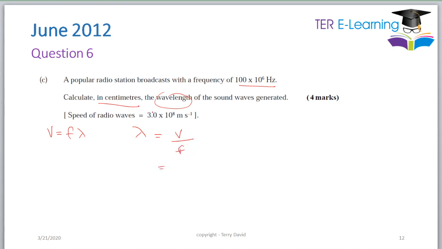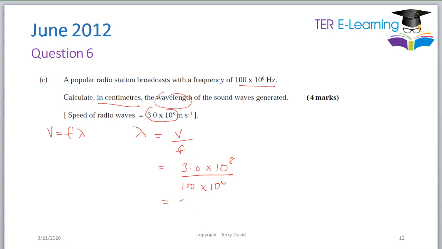The speed of an electromagnetic wave is 3 by 10 to the 8 meters per second. So it's 3.0 by 10 to the 8 meters per second over my frequency. My frequency, when I'm using the formula, has to be in hertz. So it's 100 multiplied by 10 to the 6. Let's work that out: 3 by 10 to the 8 divided by 100 by 10 to the 6, and you're going to get 3 meters.